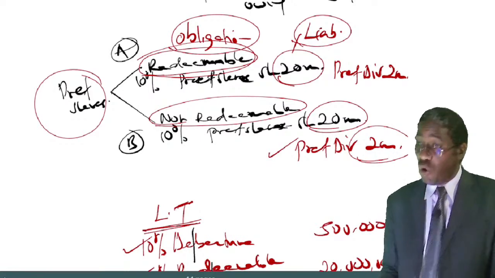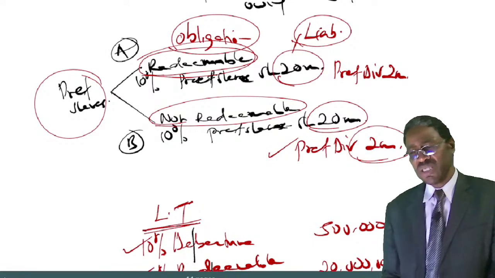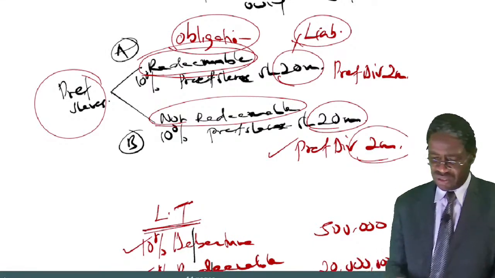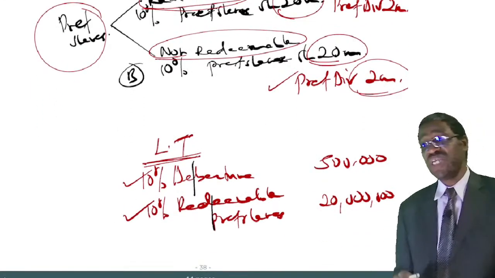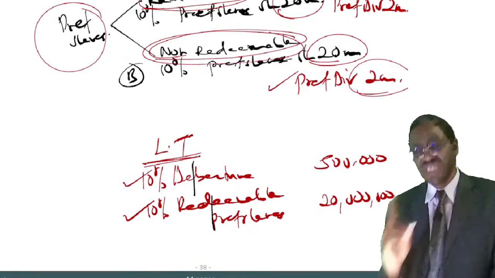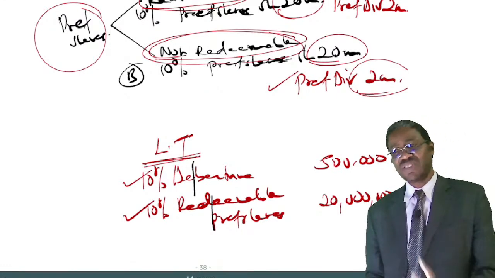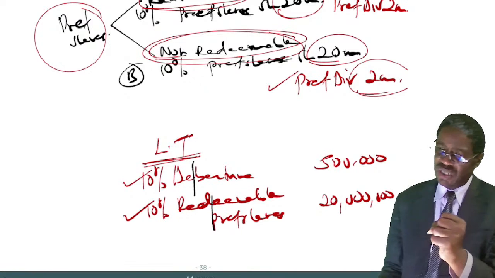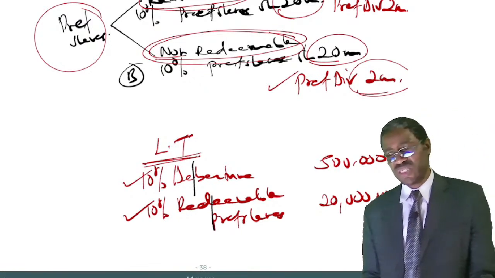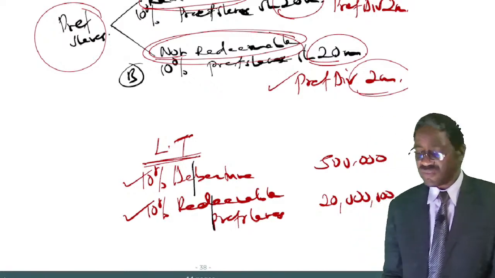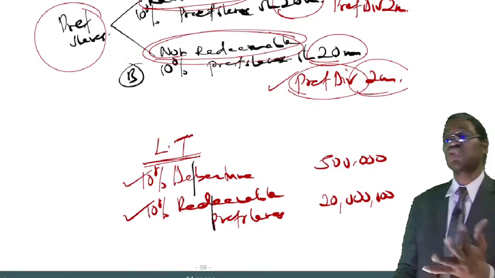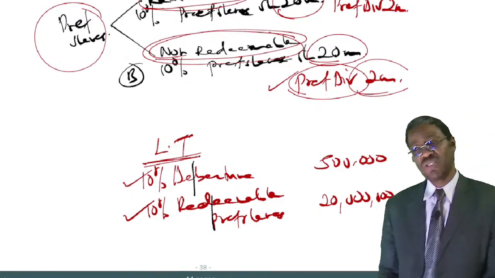We discussed it again in detail. I don't have to go back into the details. Then, of course, we said if your company issued non-redeemable preference shares, then that kind of share should be considered as a component of equity in the balance sheet. Then I told you the dividend on that preference share should be considered as an appropriation of profit.